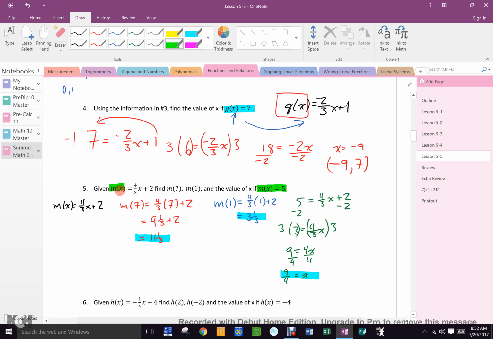So what do you write there? 5. That's the same thing. No, it's not. This says the M of 7. Just the x part of it has changed. So I put a 7 in for x's. This says the whole thing is 5. Okay? Do you understand? All right.